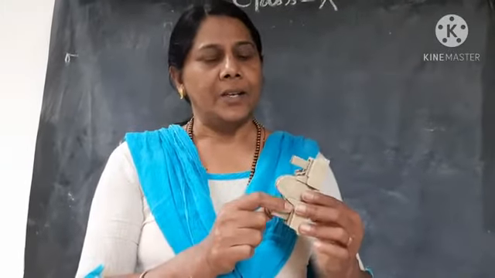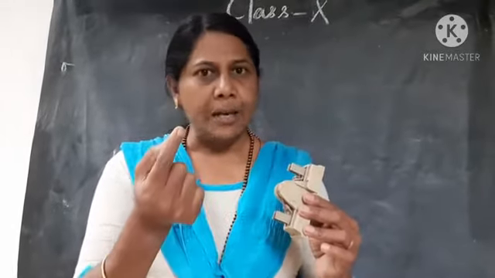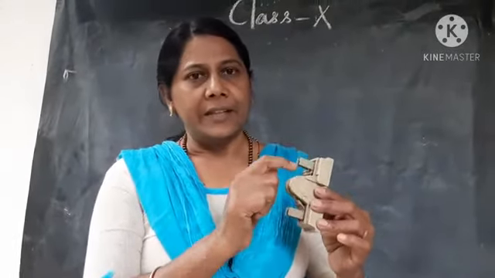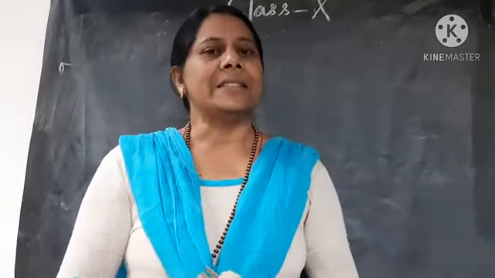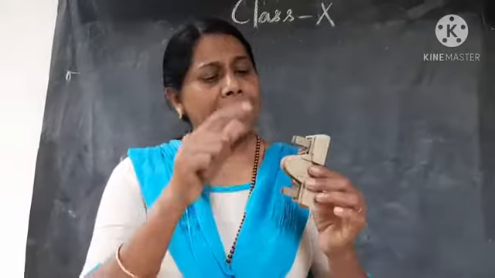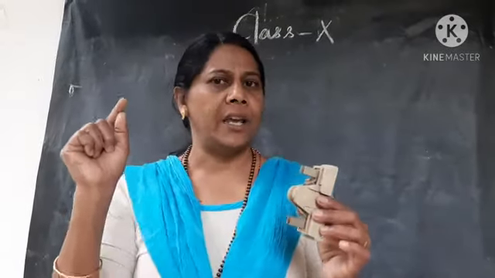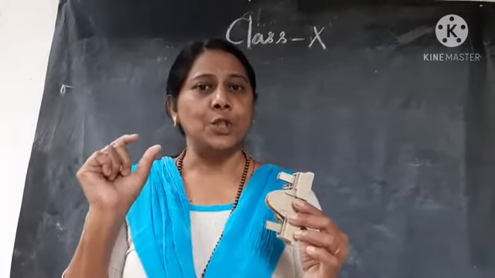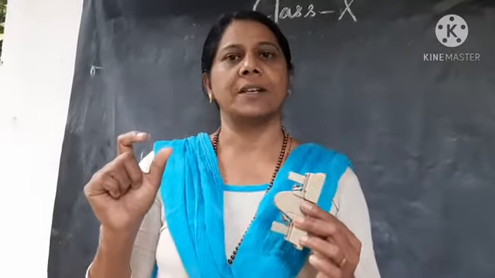So if the fuse wire is gone, what are you doing? Actually, you are taking a piece of wire and tying it here. So it is connected in series with the circuit. And there are many kinds of fuse wire. Some are 1 ampere, 2 ampere, 3, 5 and 10. 10 ampere fuse wire is used for appliances like electric heater, iron box.